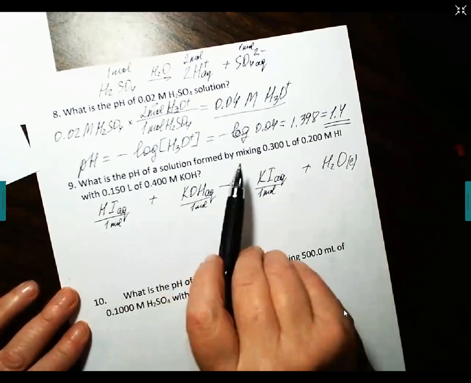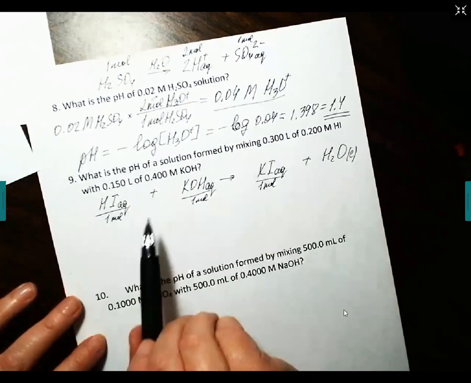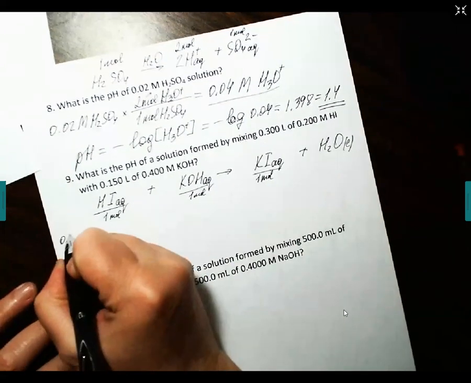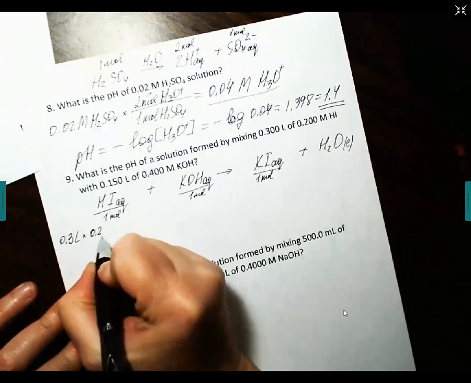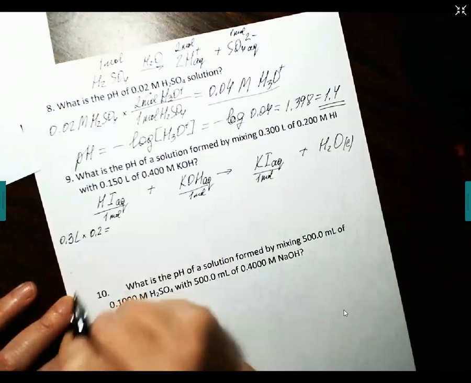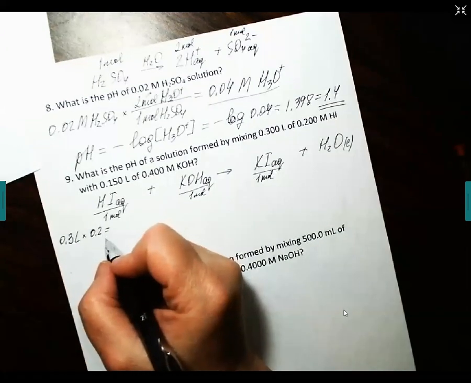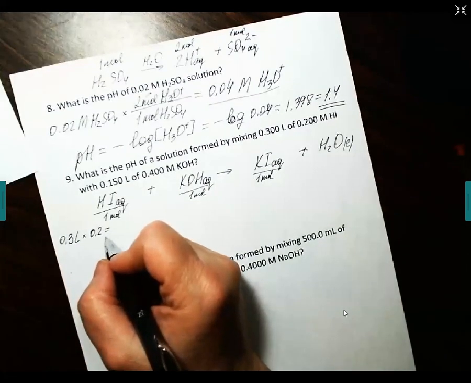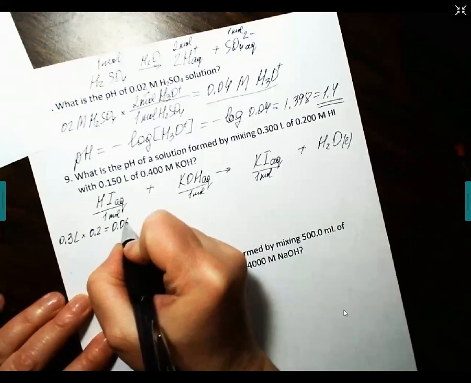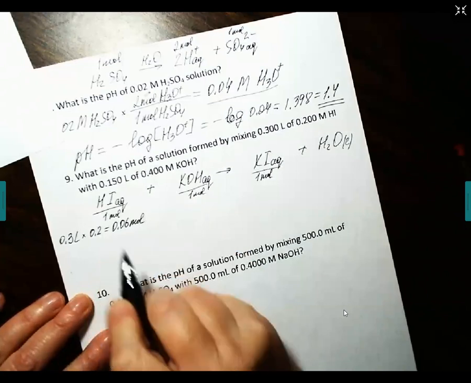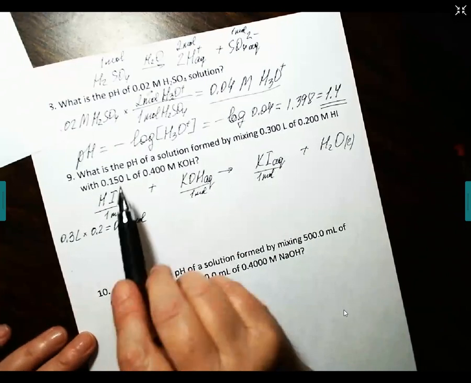Now let's calculate how many moles of both reactants we have. So 0.3 liters times 0.2 moles per liter gives us 0.06. I will not count significant figures now.